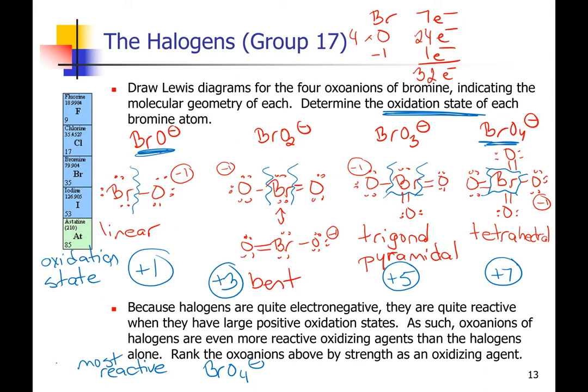The next most reactive, maybe no surprise, the bromate, BrO3-, and then bromite, BrO2-, and then the hypobromite, BrO-. As the bromine atom becomes less positive, it becomes less reactive.